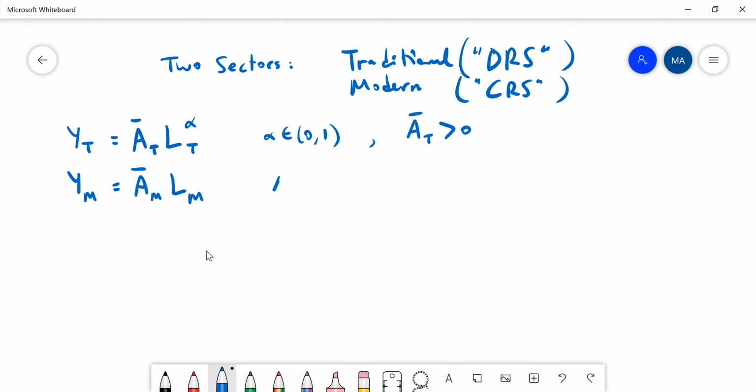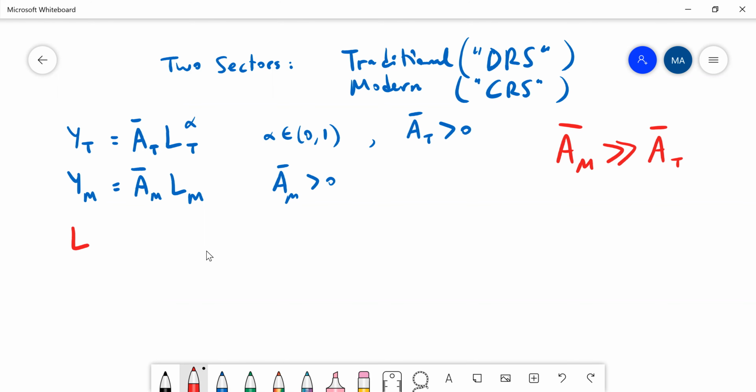Okay, and here A_M bar is also positive. Now our critical assumption is that modern technology is much more productive than the traditional technology.